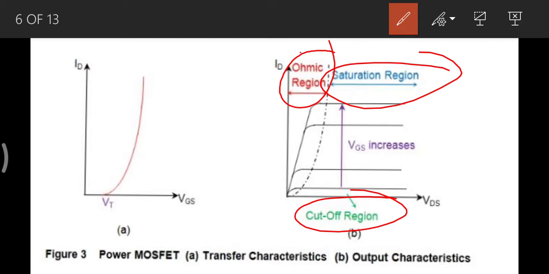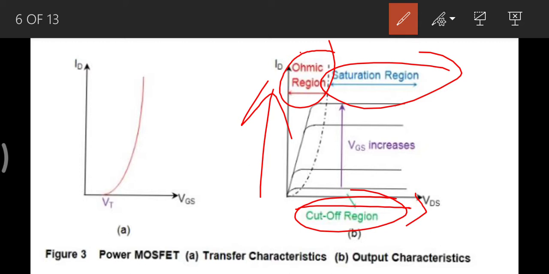Ohmic region means with increasing VDS, the drain current increases linearly up to some point, and after some point it stops. That is called the ohmic region. Cutoff region means after applying a certain voltage, there is no flow of drain current. That is called the cutoff region.